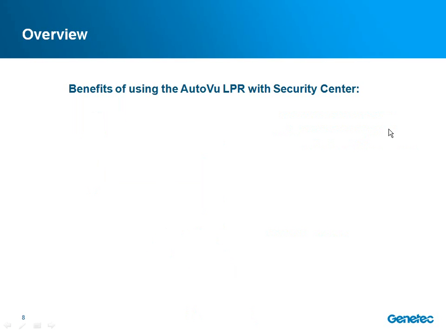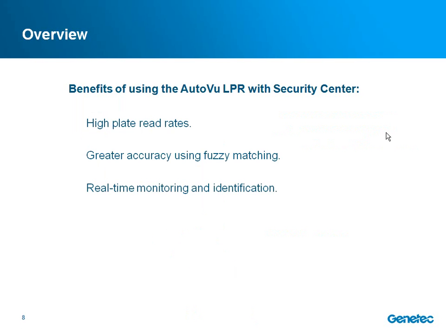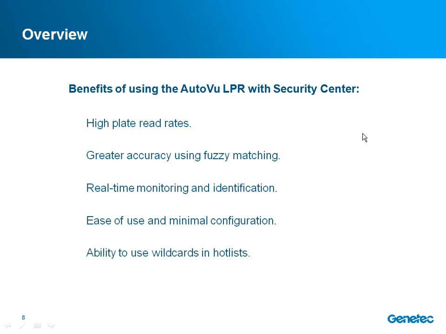The benefits of using the AutoView LPR system with Security Center are high plate read rates, greater accuracy using the fuzzy matching feature, real-time monitoring and identification, ease of use as part of the Security Desk application, and minimal configuration.